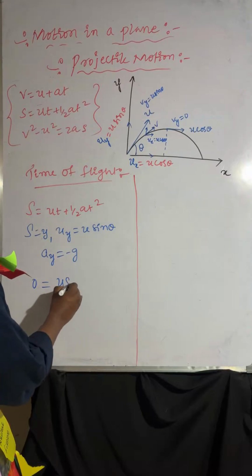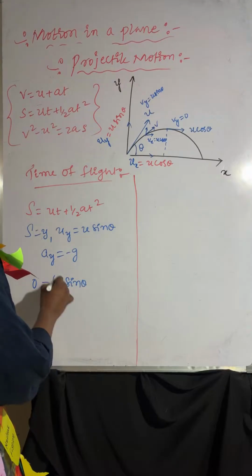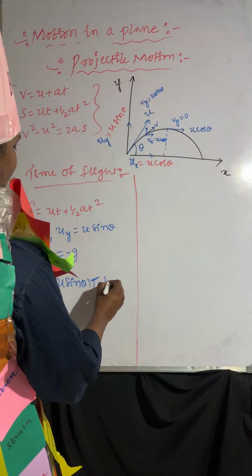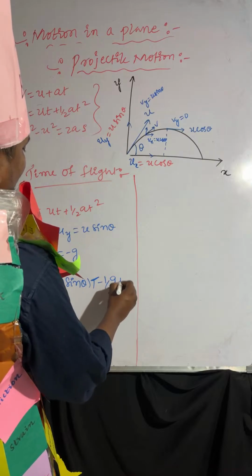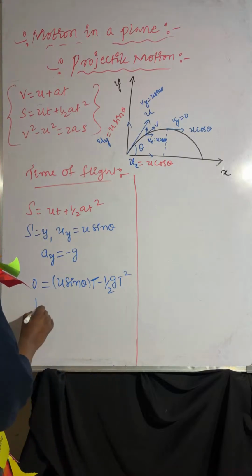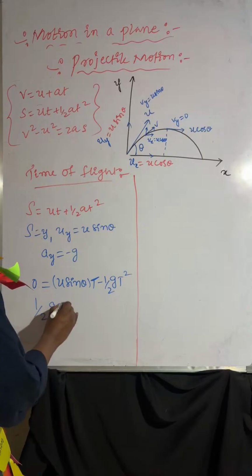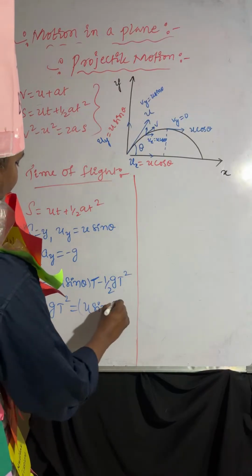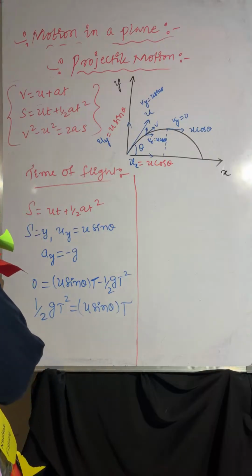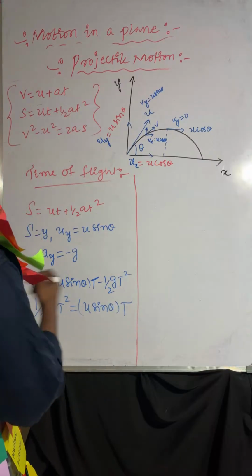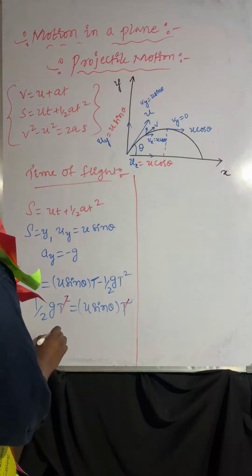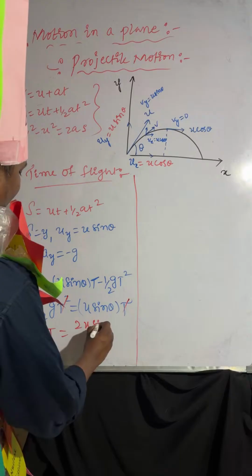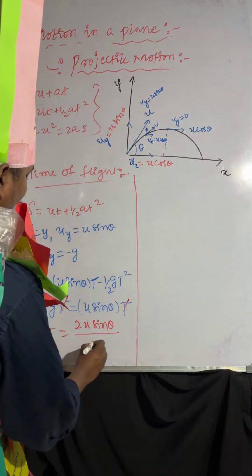Then 0 equal to u sin theta into T minus half g T square. So here T get cancelled, then T equal to 2u sin theta by g.